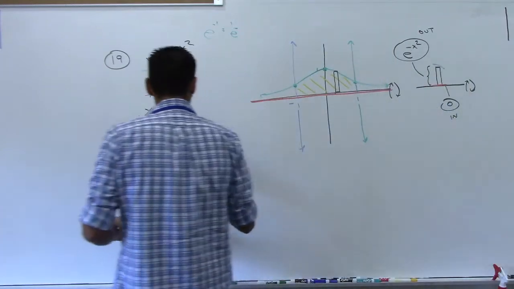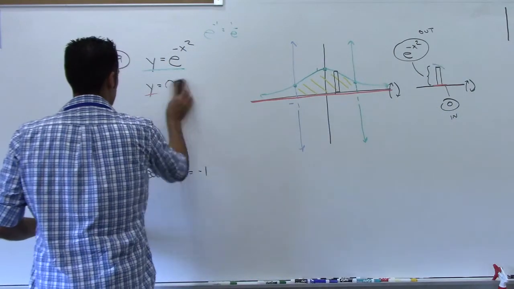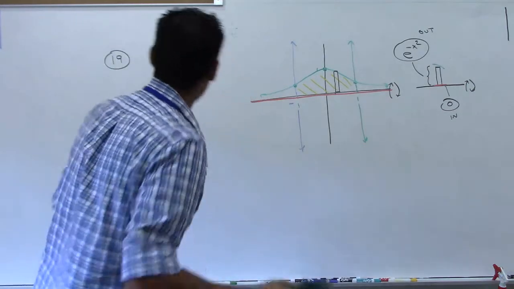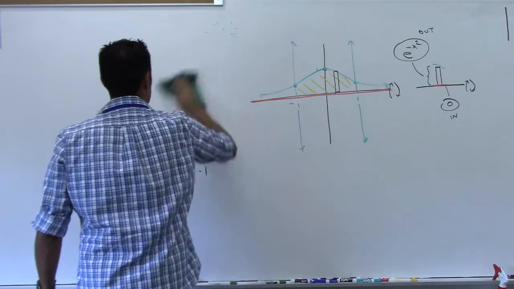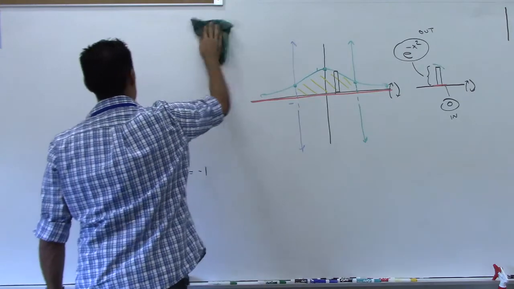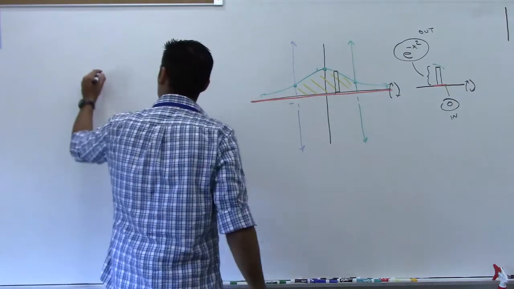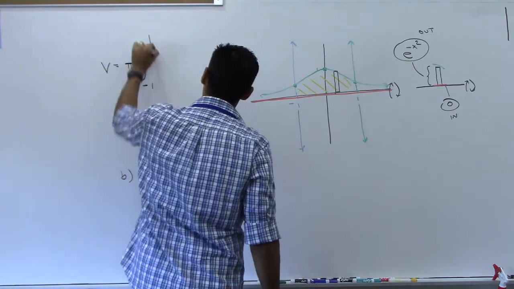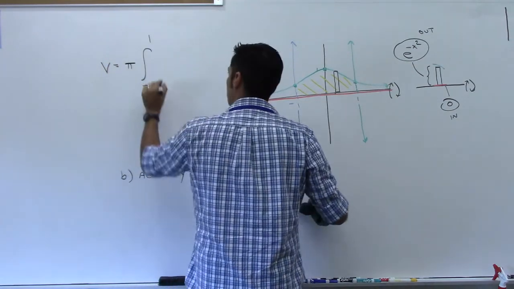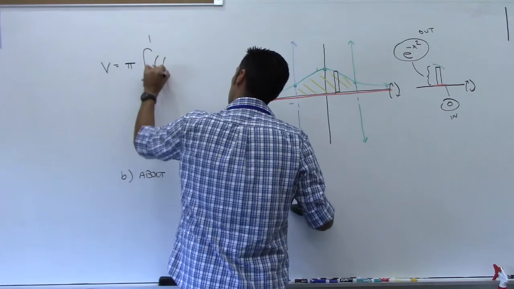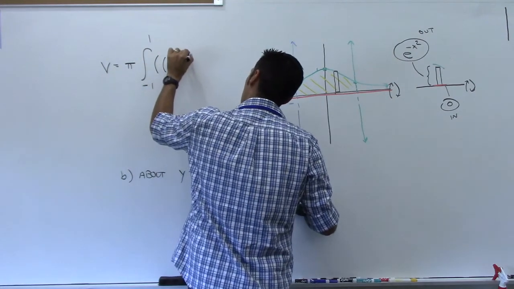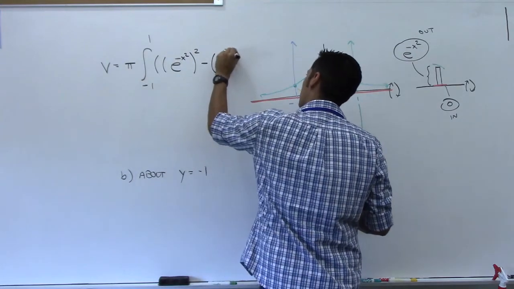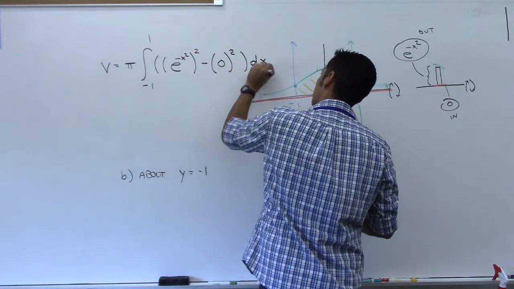So the book asks you to do this and use a computer to integrate it. So you can go to Wolfram Alpha, see if you can figure it out. But really, it's just the setup is what I wanted you to do here. So the volume will be equal to pi integral negative 1 to 1 of the outer squared. So e to the negative x squared squared minus the inner, which was 0 squared, dx.